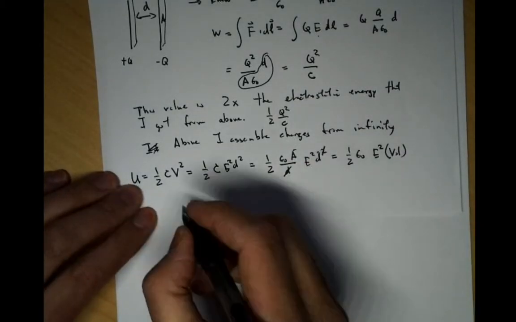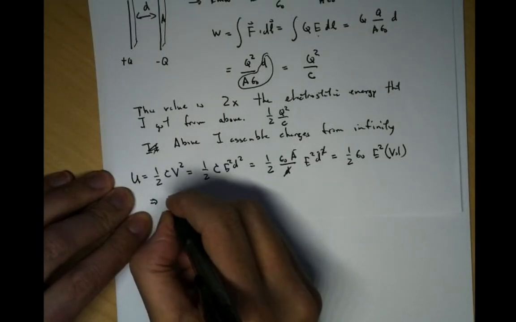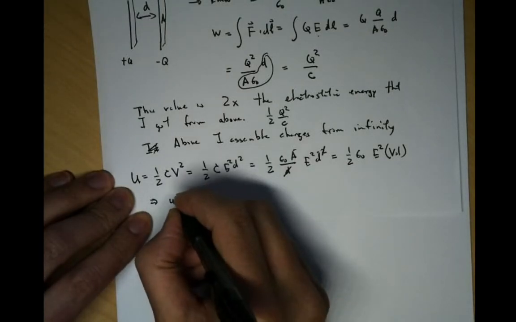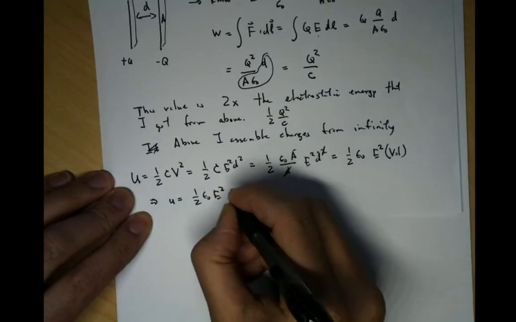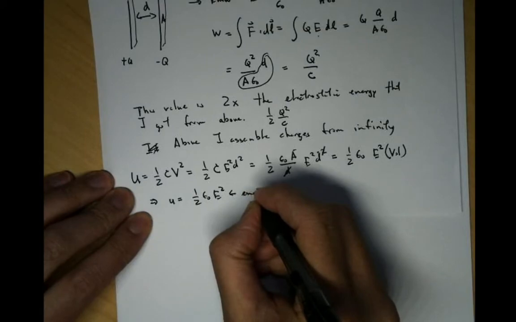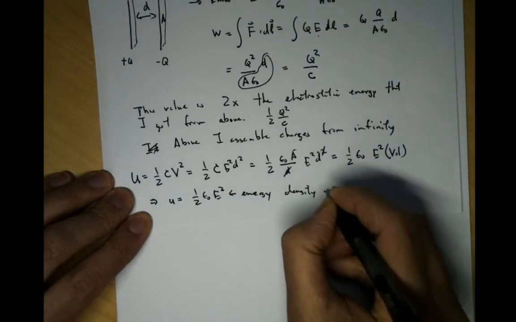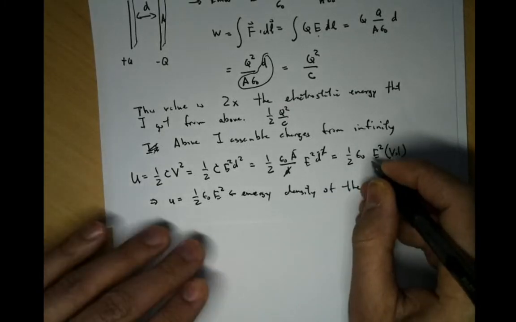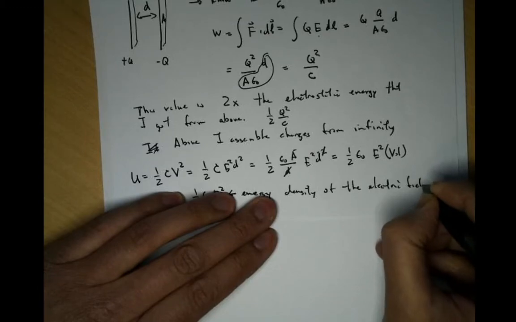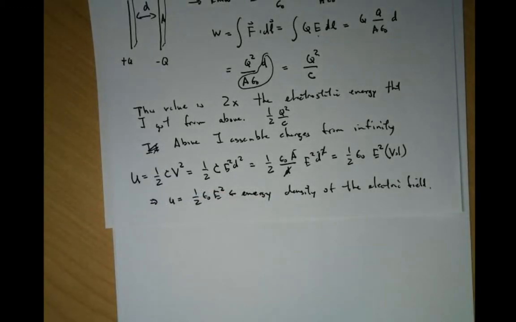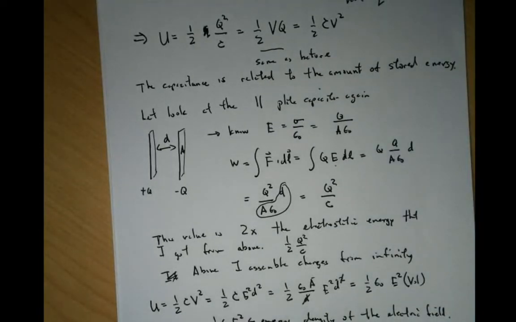So that means that little u, equal to 1/2 epsilon naught E squared, is the energy density of the electric field. So that's the answer. That's where the second half comes from.